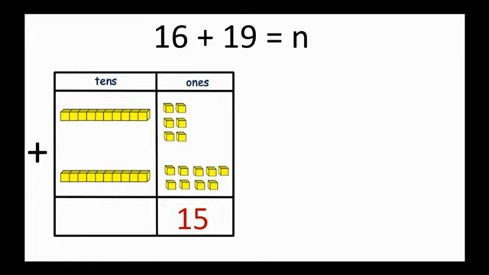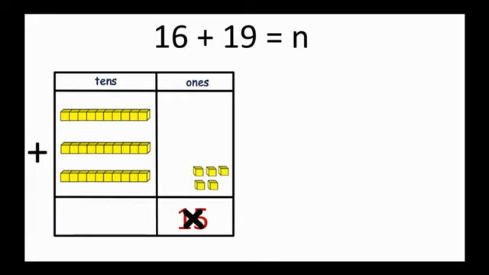So let's make a group of 10 because we are not allowed to write 15 in the ones. So there. And then put together the 10 blocks to make one group of 10 and transfer it in the tens place.